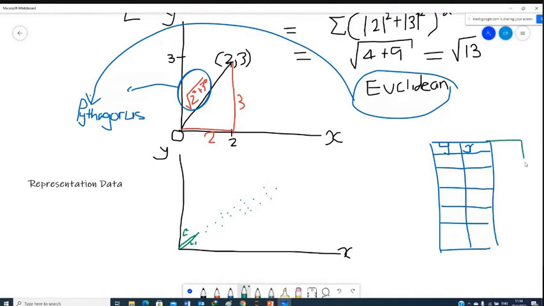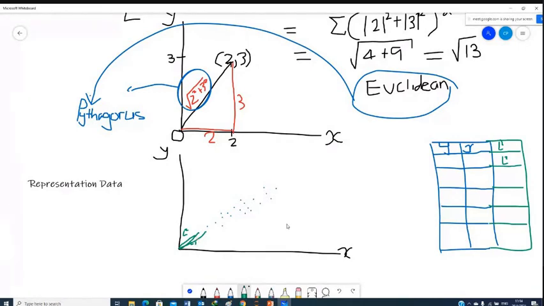So here I can extend this, and it will give me the different L2 norms. So what that does is I now know the distance of each point from the point of origin.